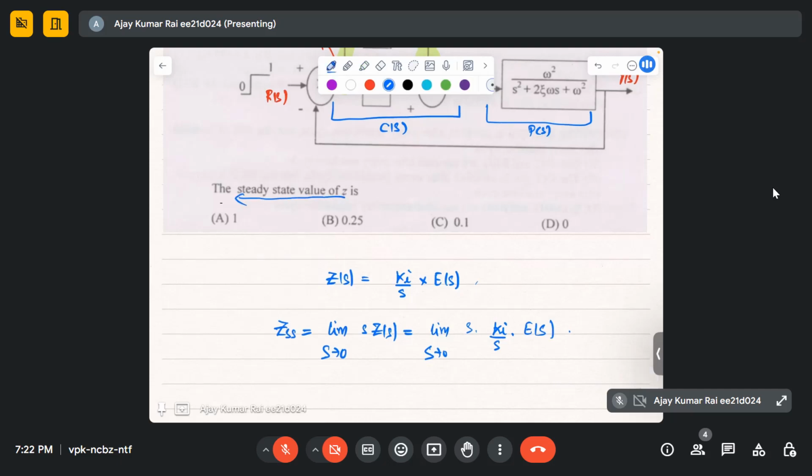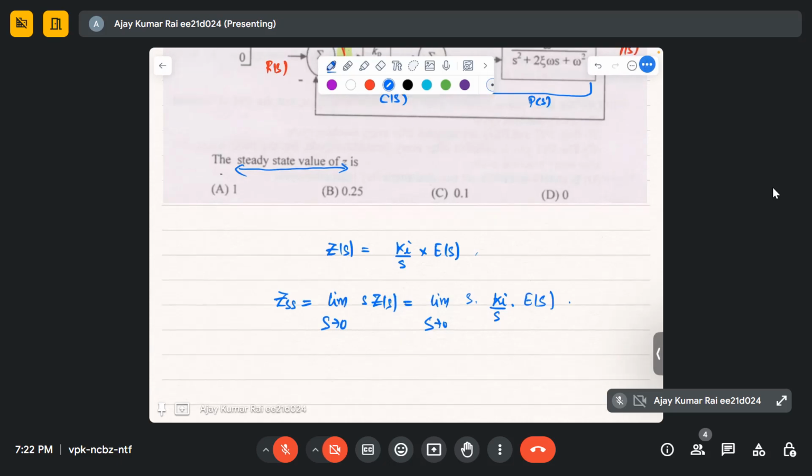And the steady state value is limit s tends to 0 of s into Z of s, right? Same thing we used to do with the error. And Z of s, now I know, is Ki by s into E of s. Basically what I need to find out is this error.